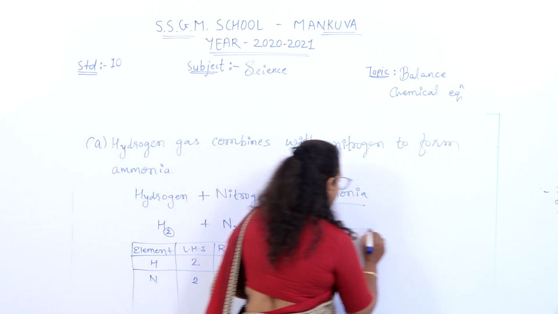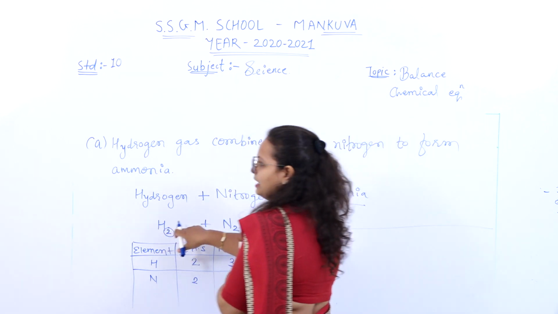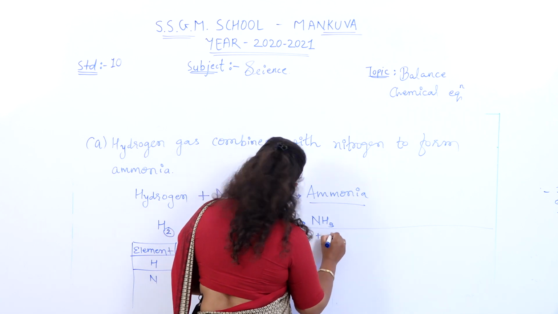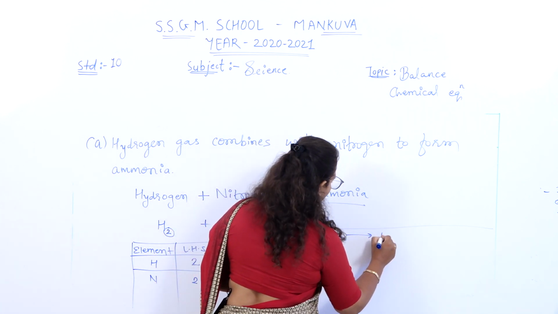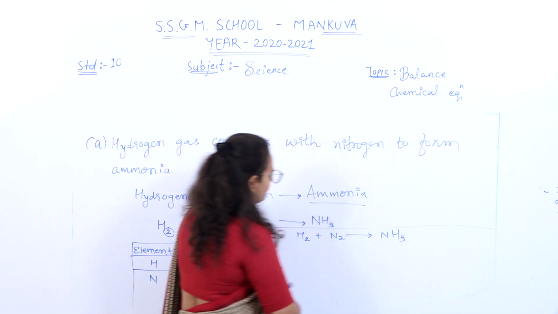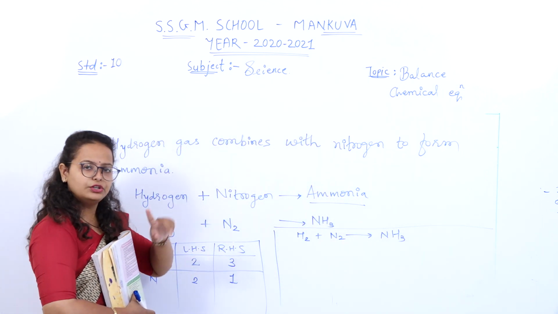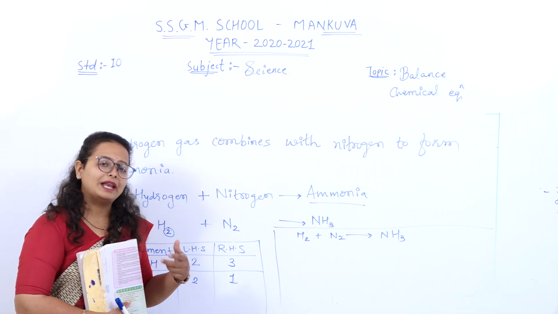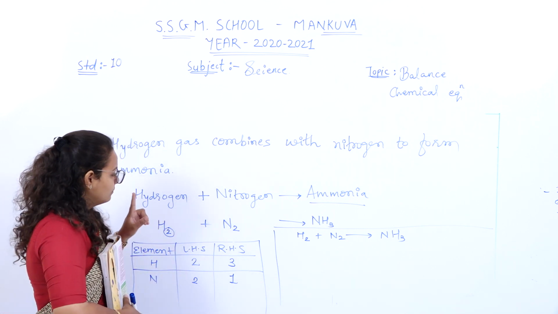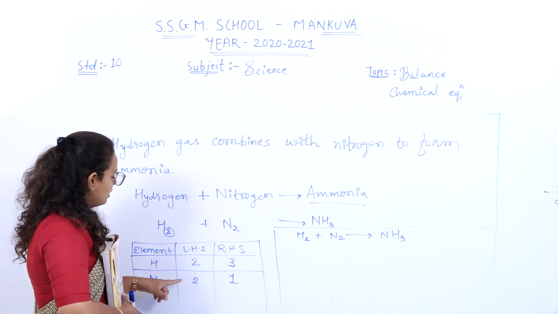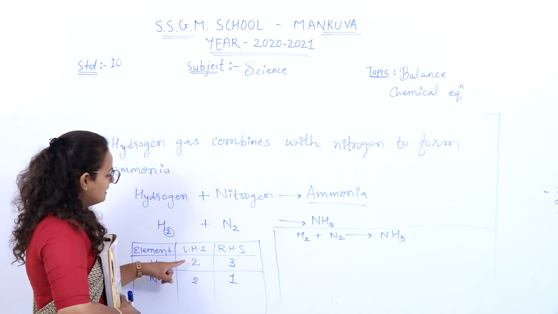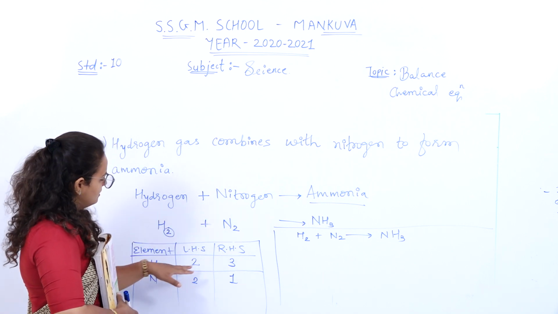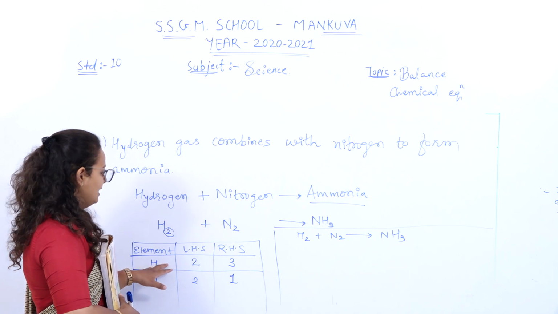The next step: I am writing the equation again, H2 plus N2 gives NH3. Now, I had already told you one rule: we will start balancing from the element having more atoms in this equation. So, we can start from hydrogen. Why?